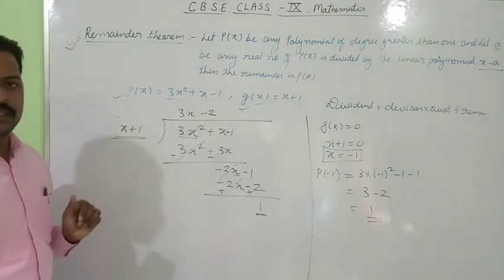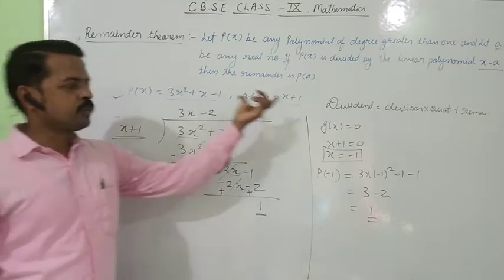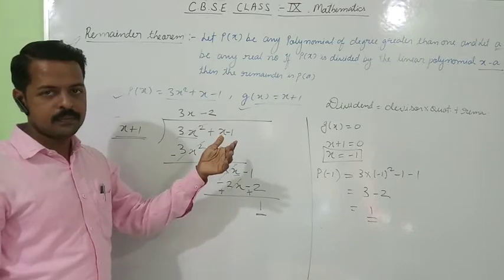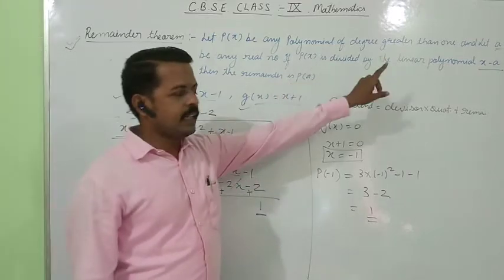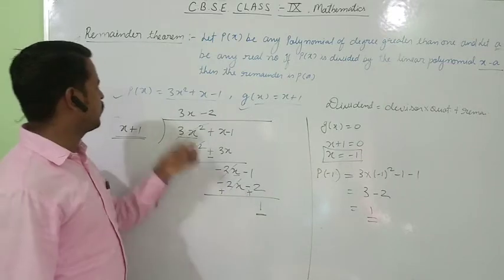समझ में आया? थोड़ा सा रिपीट करता हूँ हिंदी में. p of x कोई polynomial लेते हैं और g of x कोई polynomial लेते हैं, तो p of x की डिग्री क्या होनी चाहिए? ग्रेटर देन 1 होनी चाहिए. ठीक है. Then for any real number a, p of a is what?